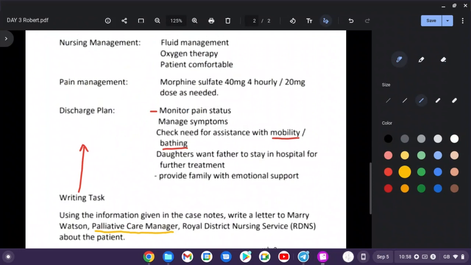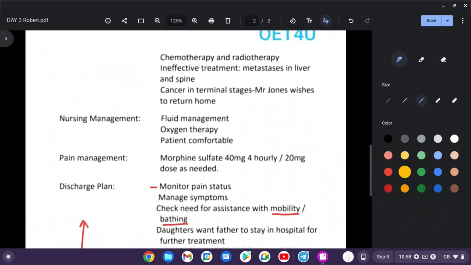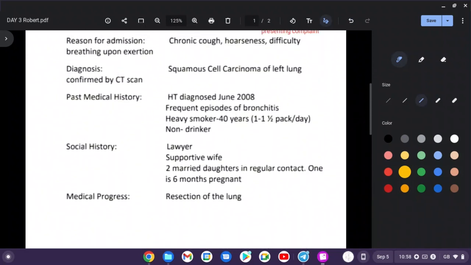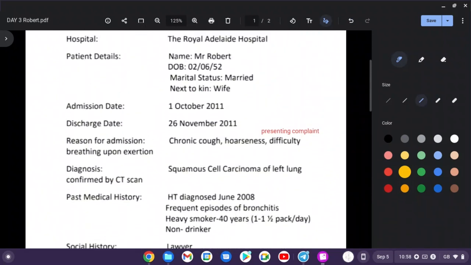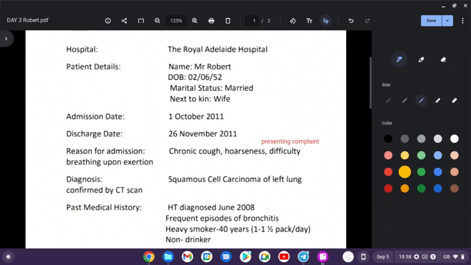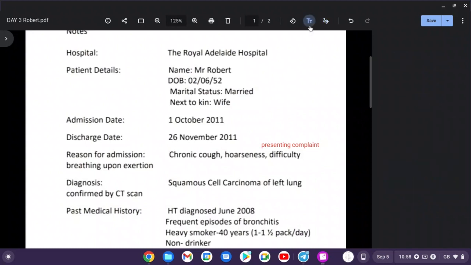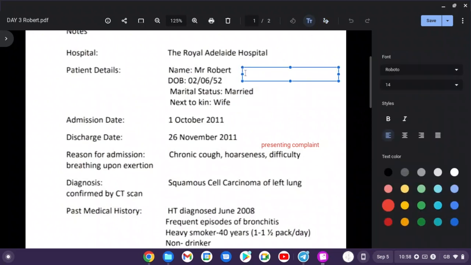The first step is to take each bit of information and categorize it as relevant, semi-relevant, and irrelevant.